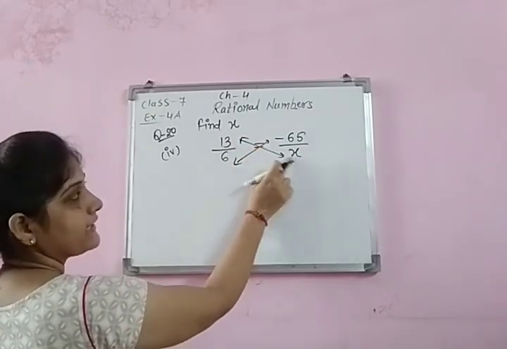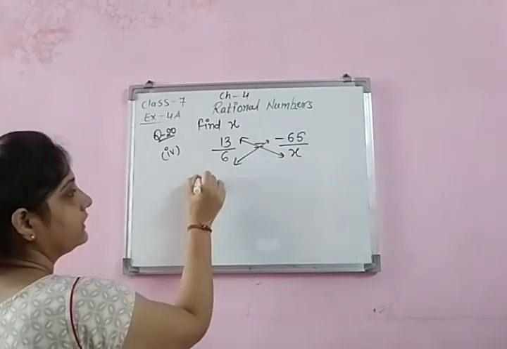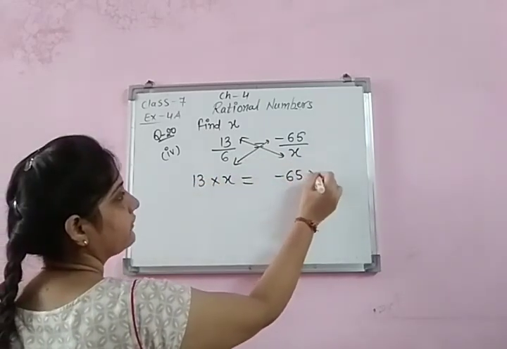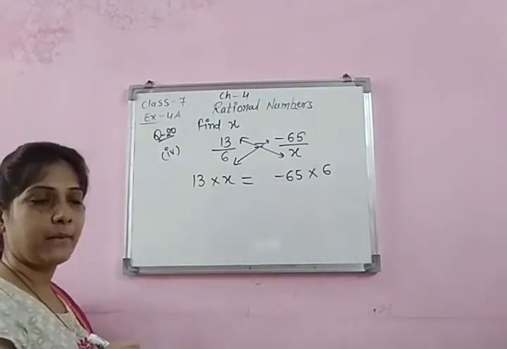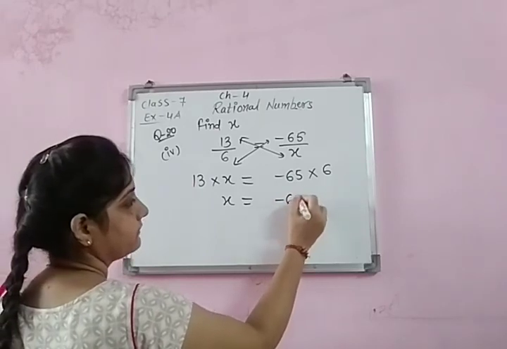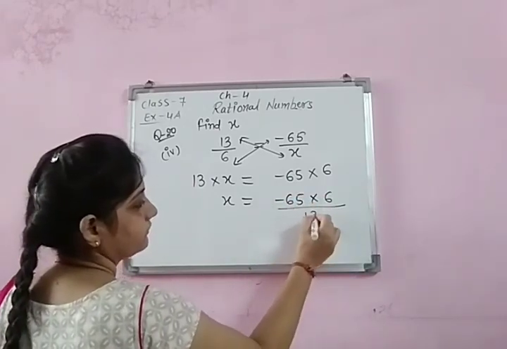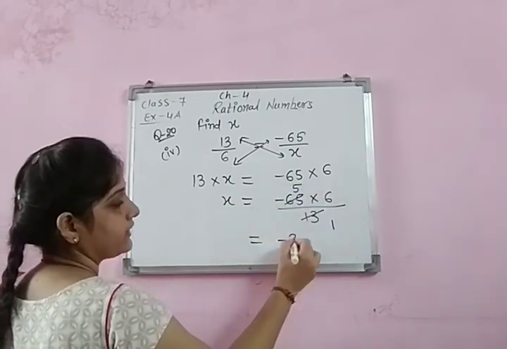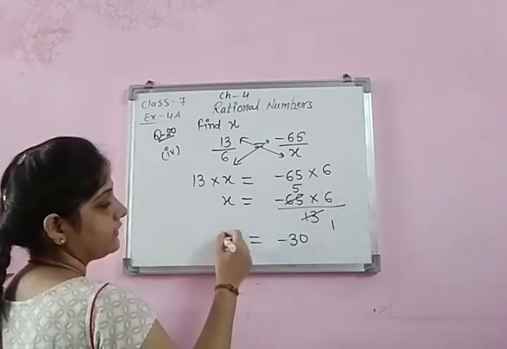So x is here, so I am multiplying this one first: 13 into x and minus 65 into 6. Am I clear? Now x remains here, 13 goes in divide. Cancel out 13 one time, 13 fives are 65. So 5 sixes are 30 with a negative sign.